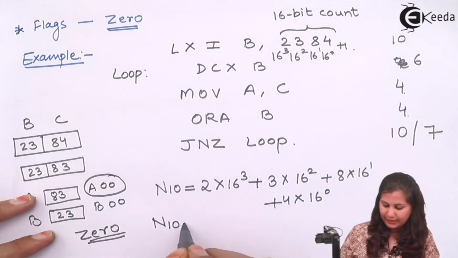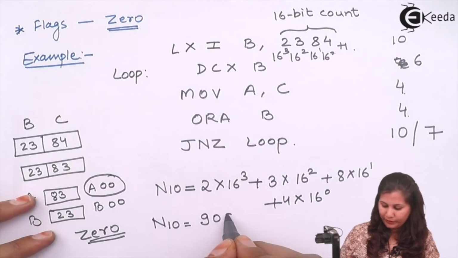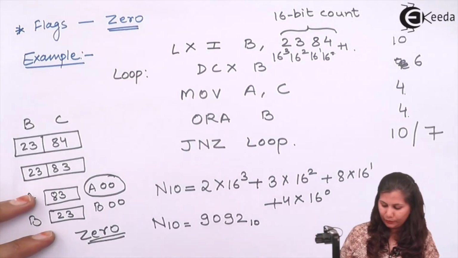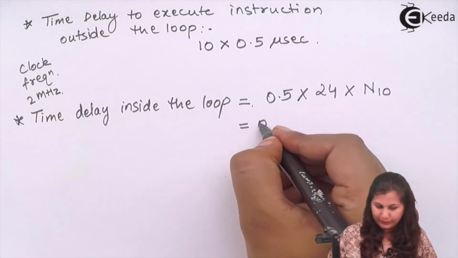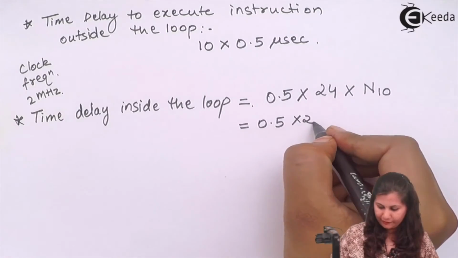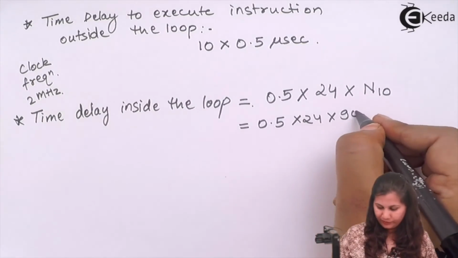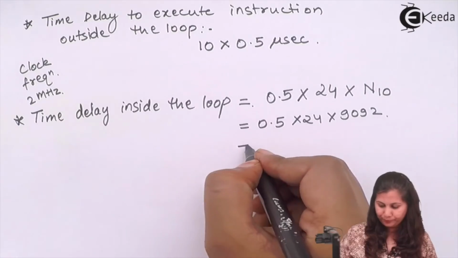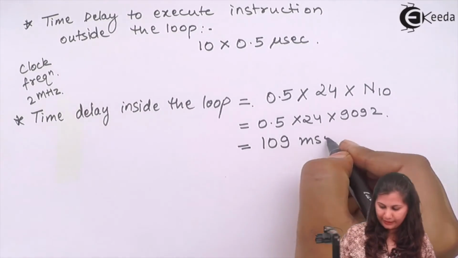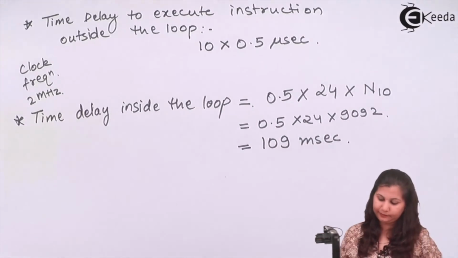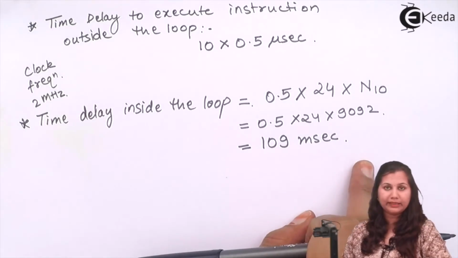Its decimal equivalent comes out to be 9092 with base 10. So we multiply 0.5 into 24 into 9092. It comes out to be approximately 109 milliseconds.